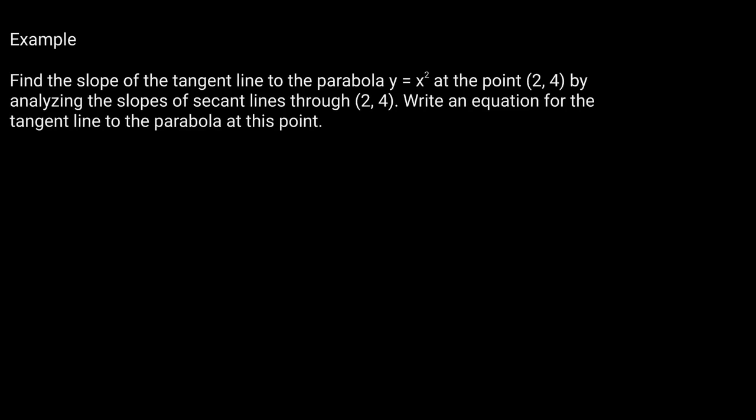We first need to find the slope. Once we find the slope of the tangent line, then we can write an equation for that tangent line. So it's two parts, okay, folks? Finding the slope of the tangent line, and we will do that by analyzing the slopes of the secant lines. Once we have that slope, then we can write the equation for the tangent line to the parabola at this point (2, 4).